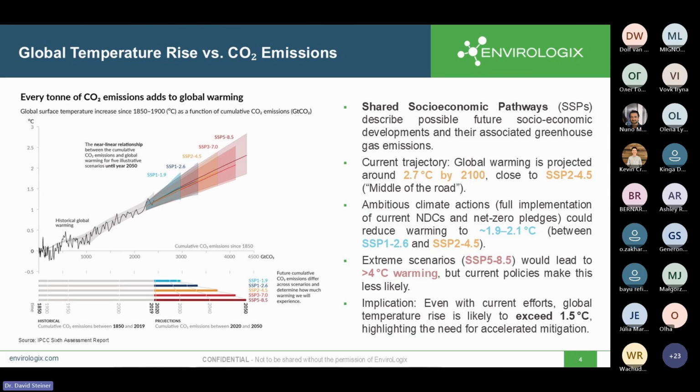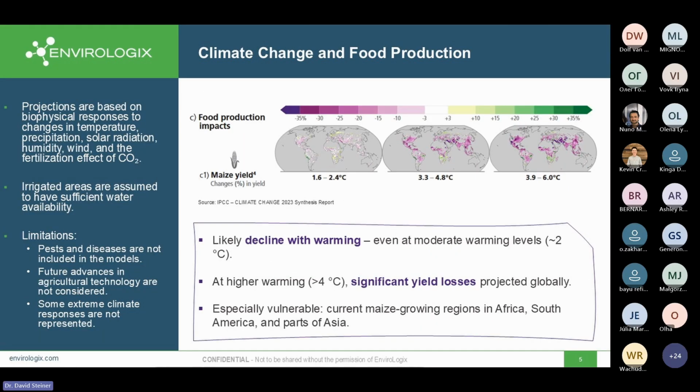So what does this mean for agriculture, especially for maize, one of the world's most important crops? Maize yields are highly sensitive to global warming. We can see that in this picture. Even a moderate rise of around 2 degrees Celsius causes significant yield declines in many regions of the world, as we can see, especially here in the middle and the last picture.